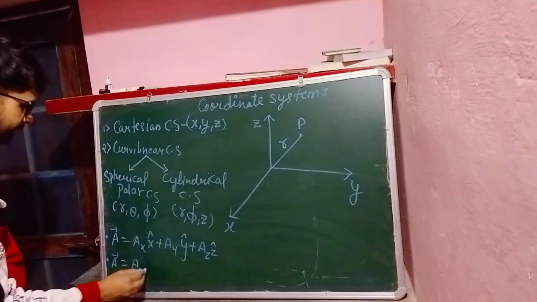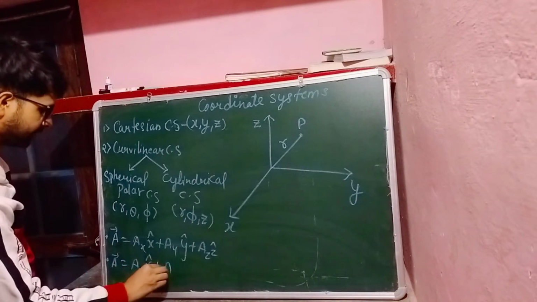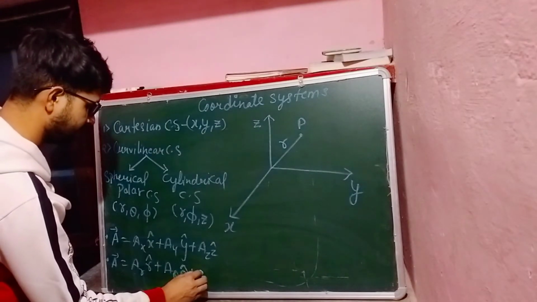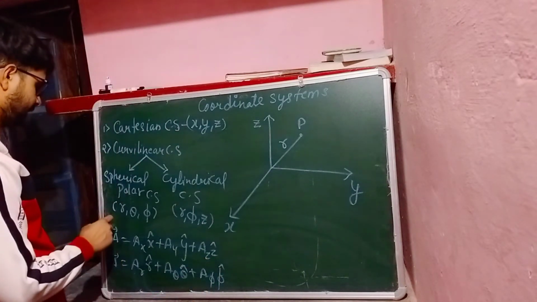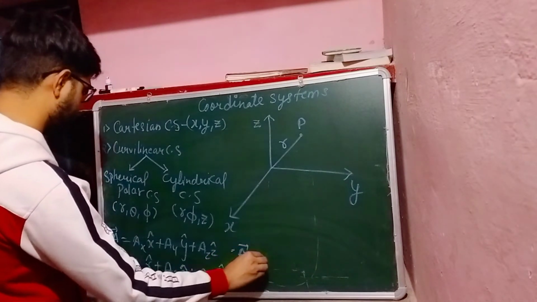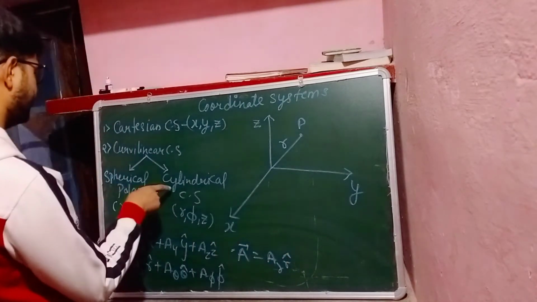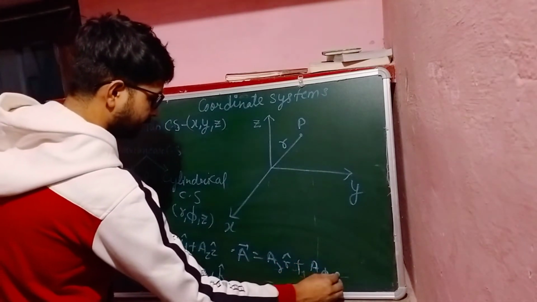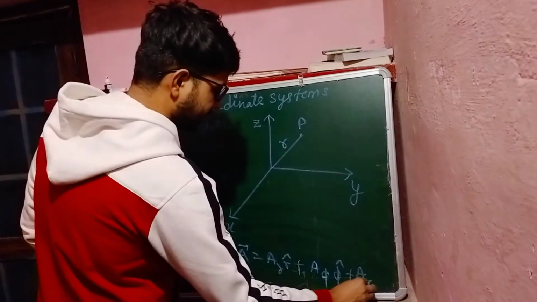We'll come to r, theta and phi a little bit later. In the cylindrical coordinate system, it is A r times r cap, plus A phi times phi cap, plus A z times z cap.